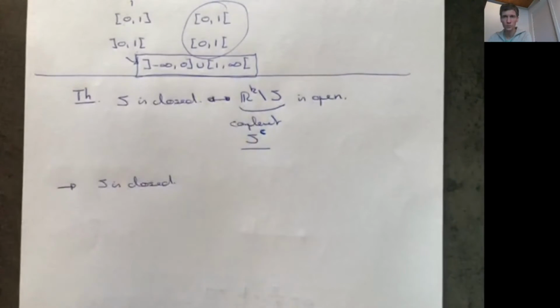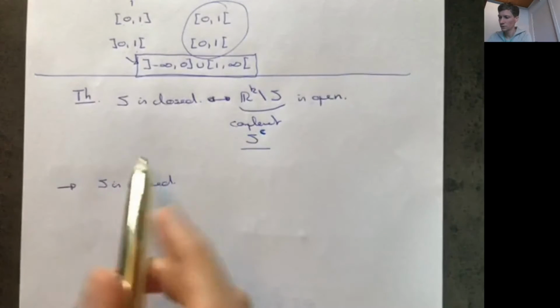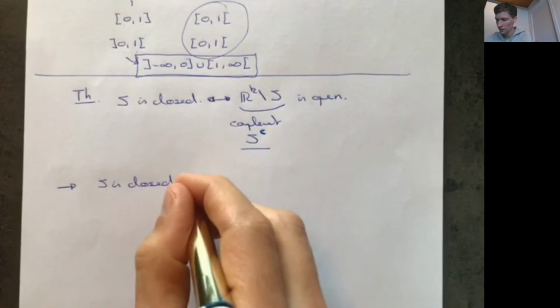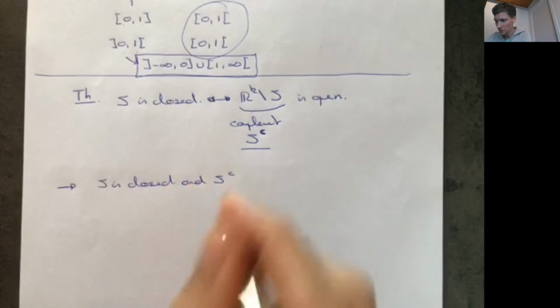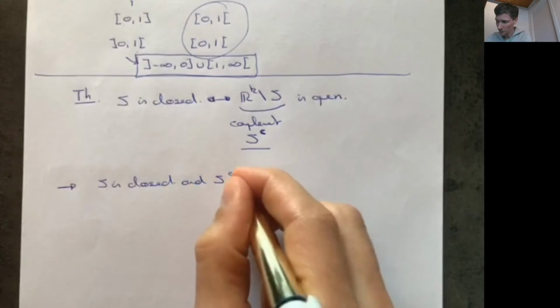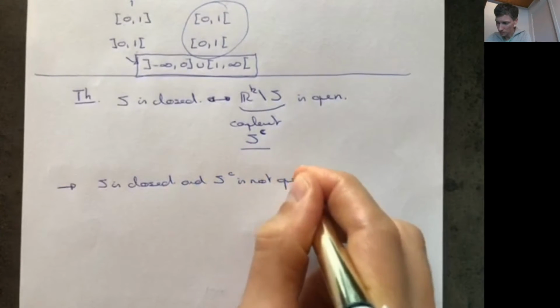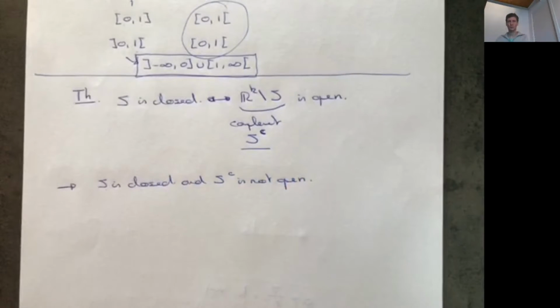P implies Q, negating as P and not Q. So assume that S is closed and S^C, the complement of S, is not open. Okay, so let's use the mathematical formulas for closed and open.